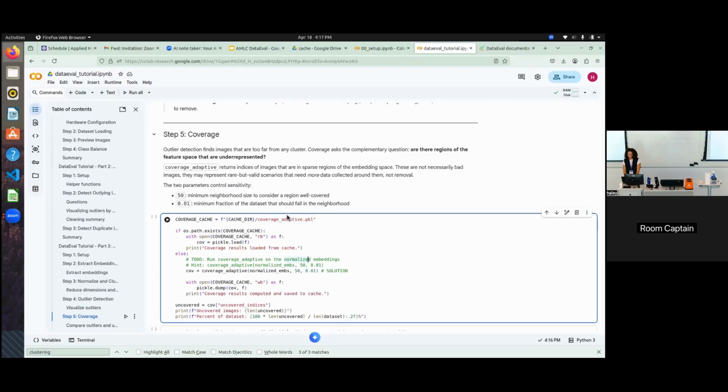And then getting into coverage. Outlier detection in the cluster space finds images that are far from those clusters. You can also ask the complementary question of whether there are regions that are not part of the feature space or that are underrepresented, things that should be clusters.